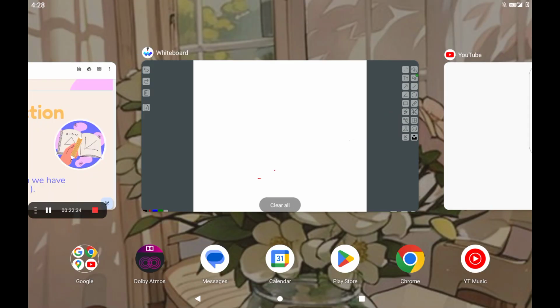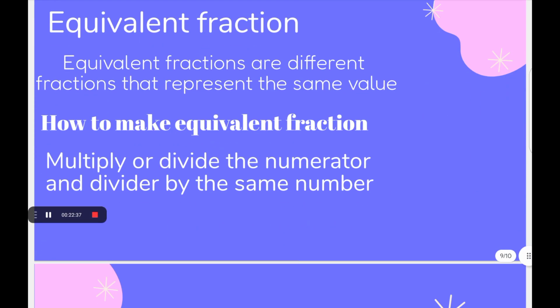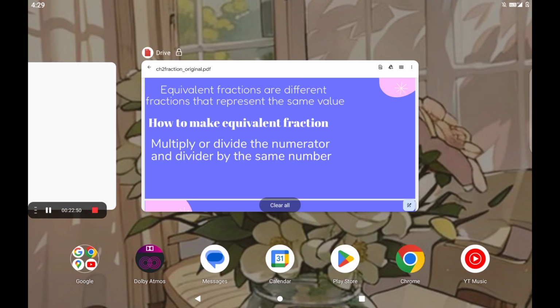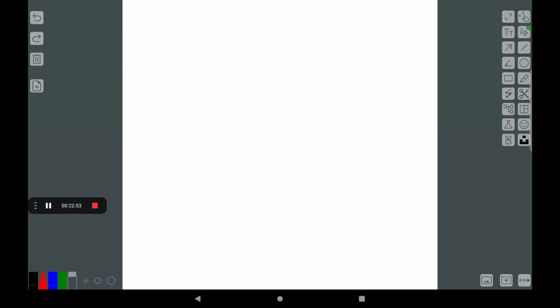So now let's go and learn what is an equivalent fraction. Equivalent fractions are different fractions that represent the same value. How to make equivalent fractions? Multiply or divide the numerator and denominator by the same number. So here I am taking an example: if I put 6 and 8, are they equal to 3 upon 4?